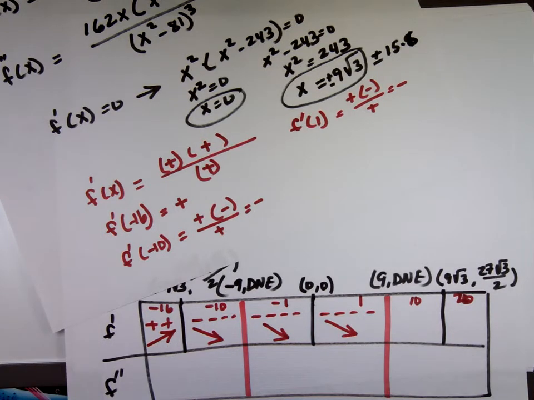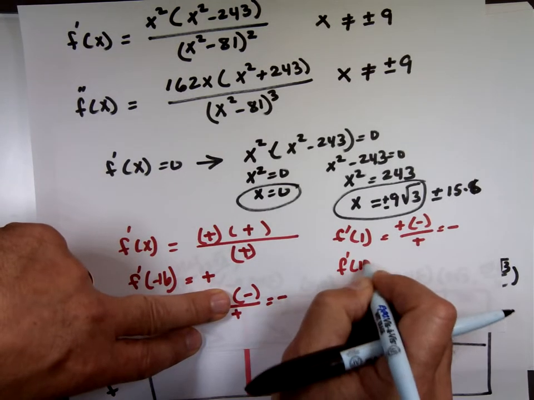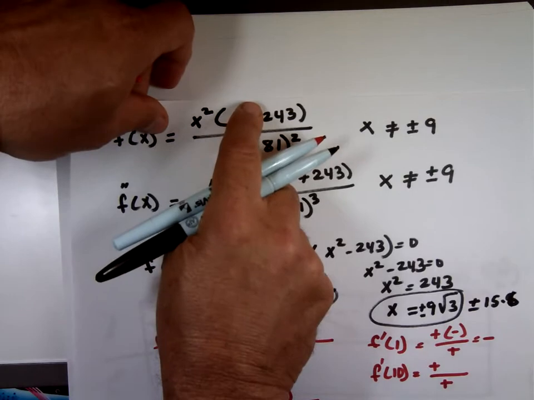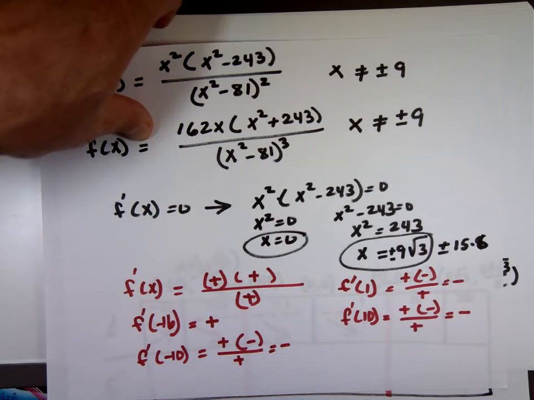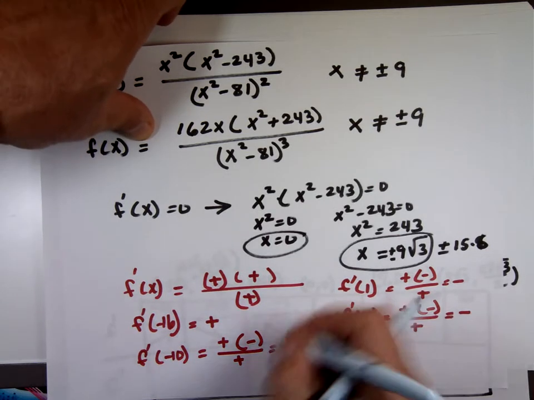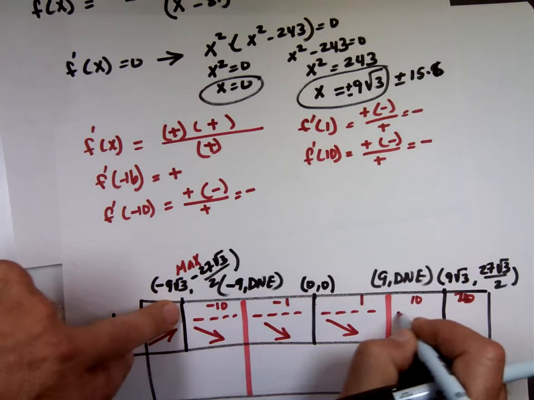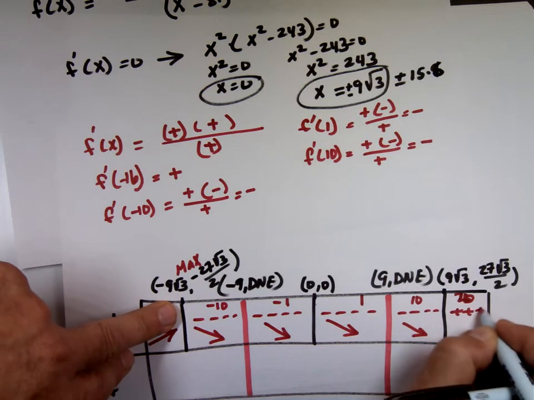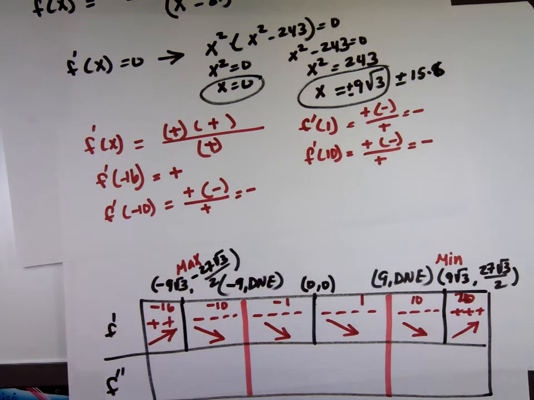Take the 10, plug it in. Positive, positive. Now here, 10 squared is 100 minus 243, that's a negative. Some of you are going to waste your time trying to find what that answer is. I'm not going to waste my time. And the last one I know is going to be positive. That's my midpoint. That's the first box.